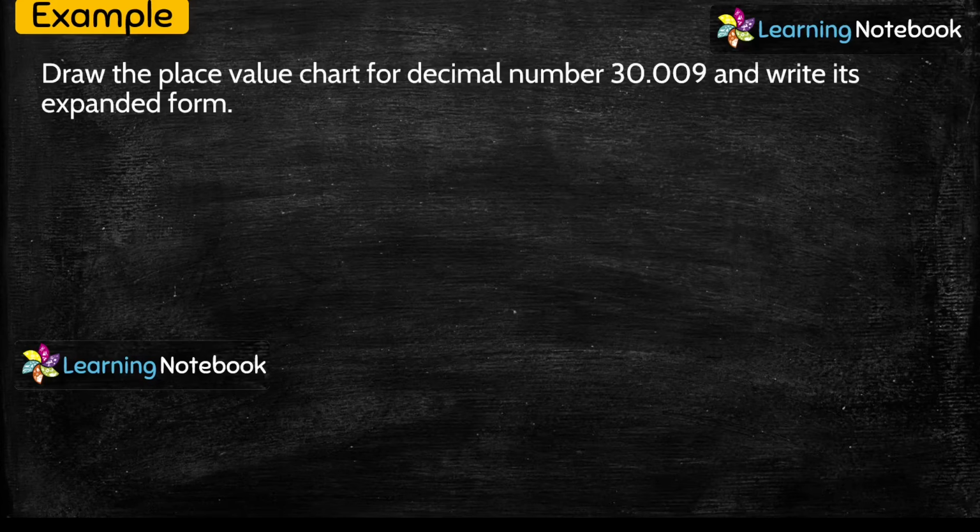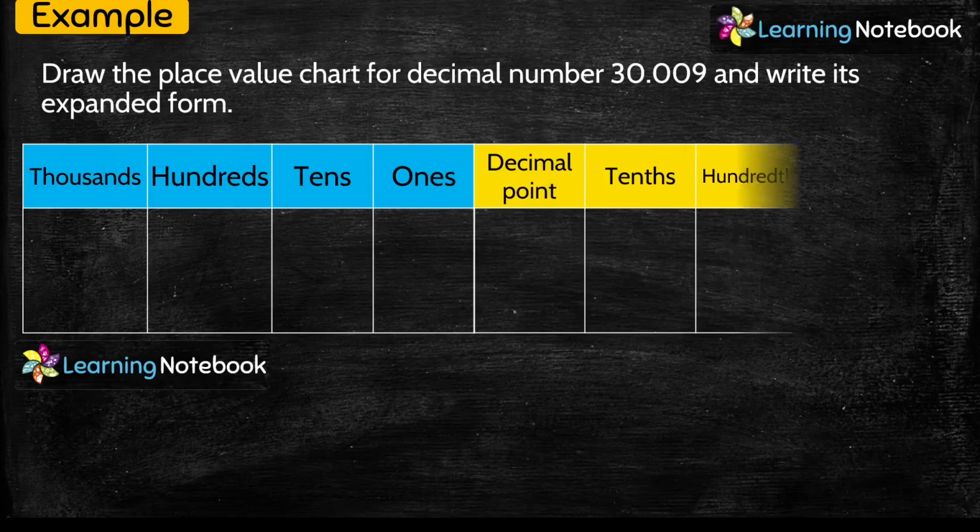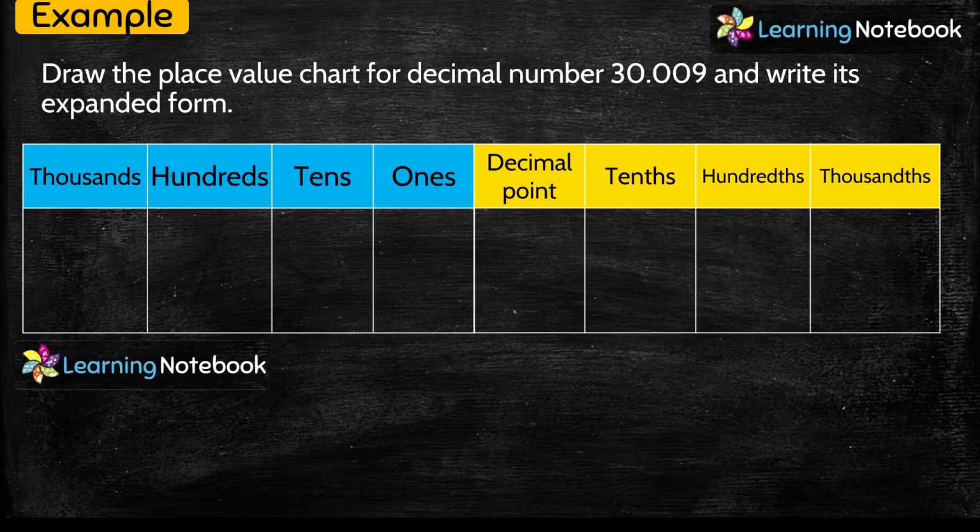Let's do one more question. Draw the place value chart for decimal number 30.009 and write its expanded form. Now let's draw the place value chart and first represent the whole number part of this decimal number. Whole number part is 30.